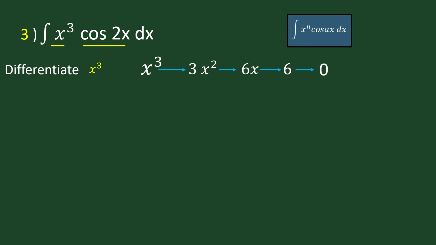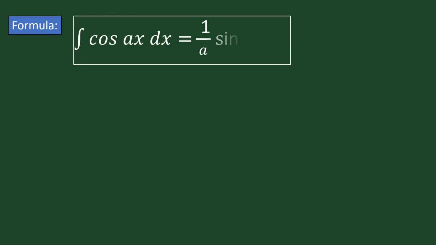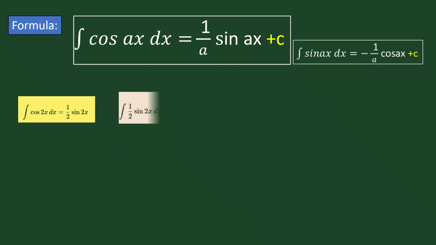Now, integrate cos 2x again and again. We know the formula. Integral cos ax dx is 1 by a sin ax. Using this, let's integrate cos 2x repeatedly.